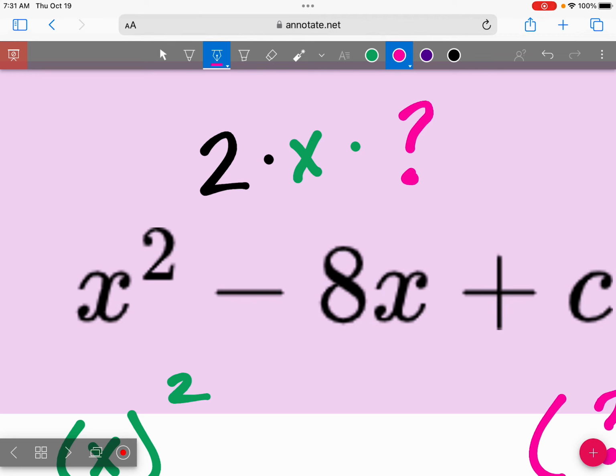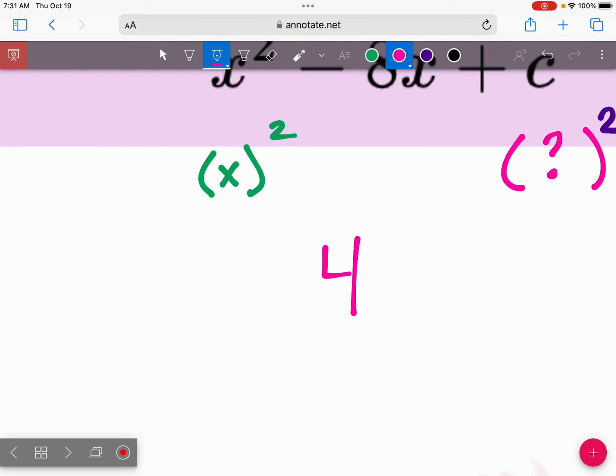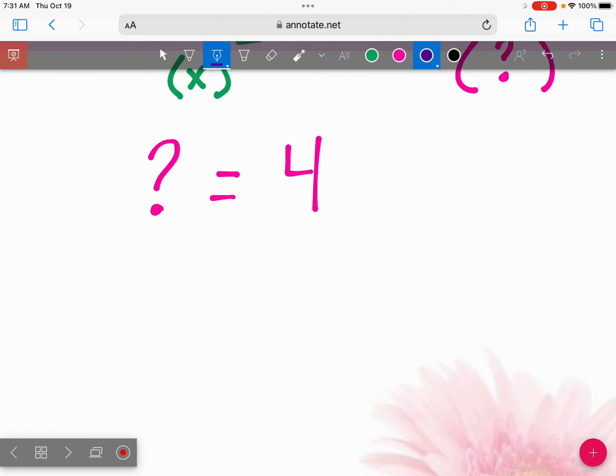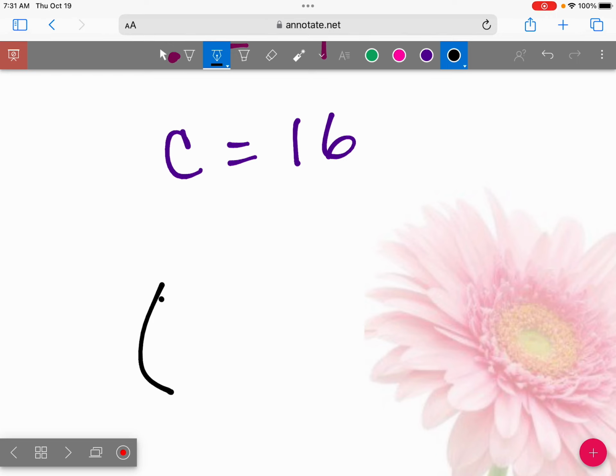So 2 times x times what gives us negative 8? 4. So my question mark equals 4. If you want to use a different variable, you can. I'm doing question mark because if I start throwing too many letters, it gets confusing. So if question mark is 4, what is C? 16. If C is 16, we can write this as x minus 4 squared.